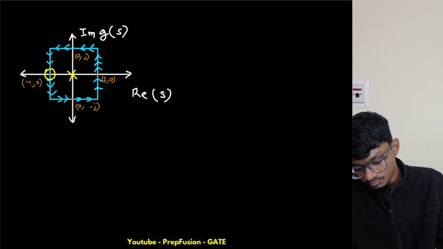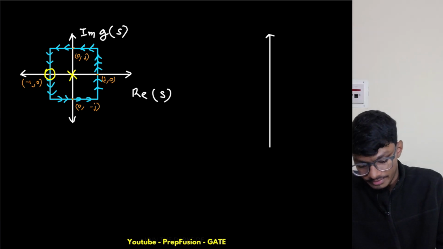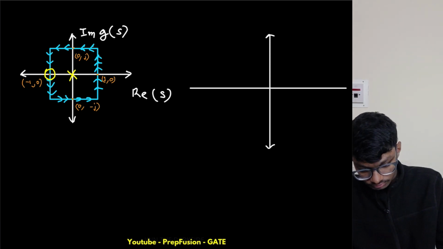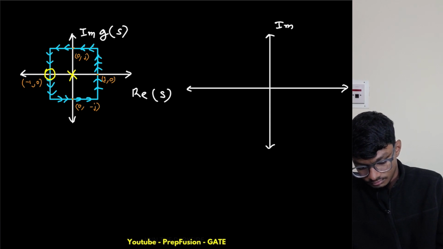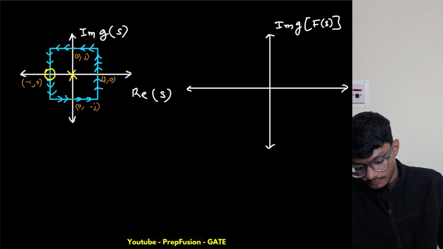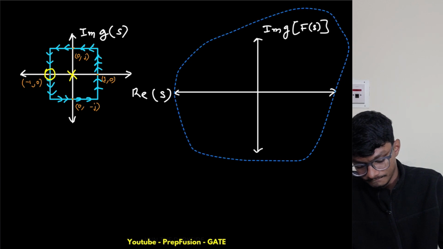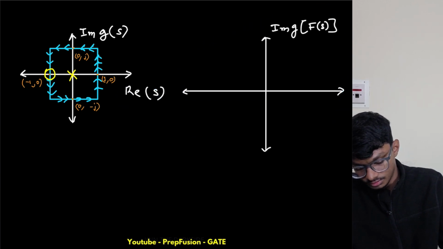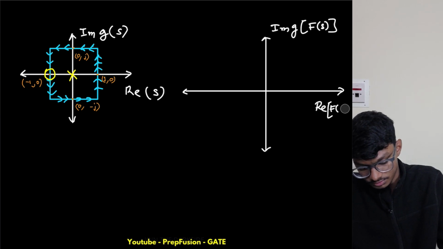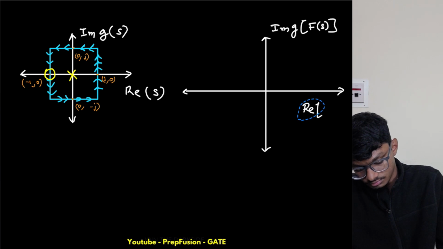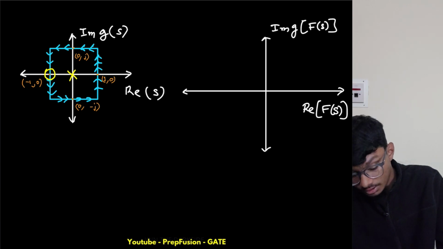Don't wait. Now I'm doing the mapped contour, with the imaginary of f of s on one axis and the real of f of s on the other.